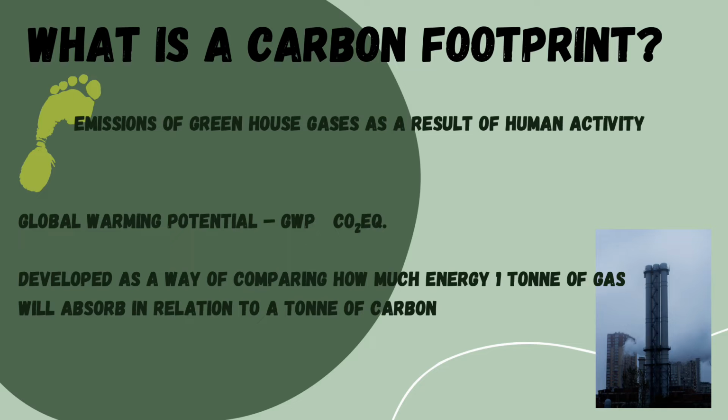So for example, methane has a global warming potential 25 times more effective at absorbing energy compared to carbon, and nitrogen is 298 times more effective. And then we've got the F gases, the industrial gases, and these have a global warming potential several thousand times more effective than carbon dioxide.